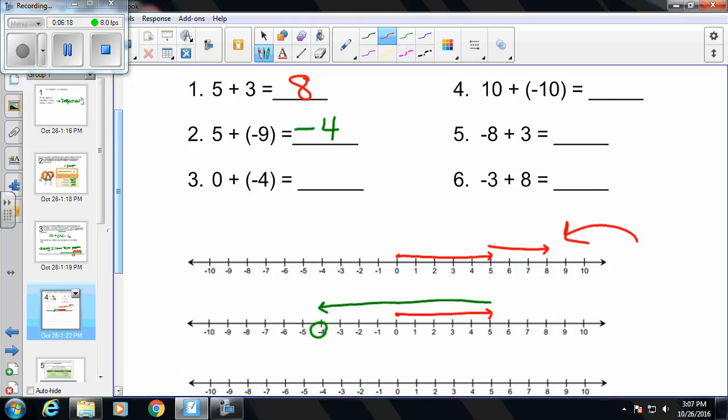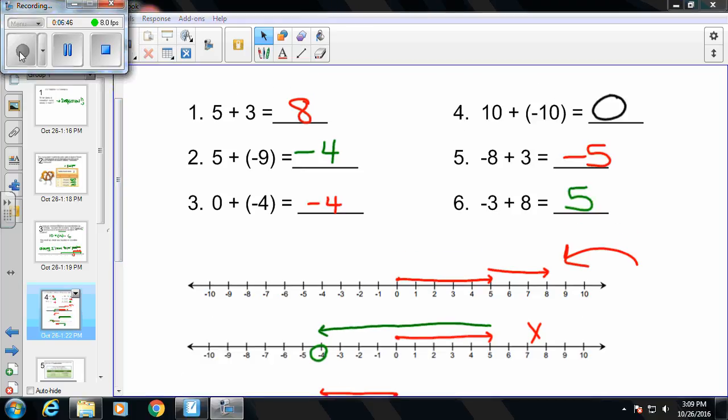The red line here, 5 positive and -9 negative. Clearly I have more negative. And if I look at my answer to 2, it's negative. Again, look at the way the numbers relate and look at the signs. Okay? Try the next 4 on your own. I'm going to draw them out, and we'll meet back in about a minute.